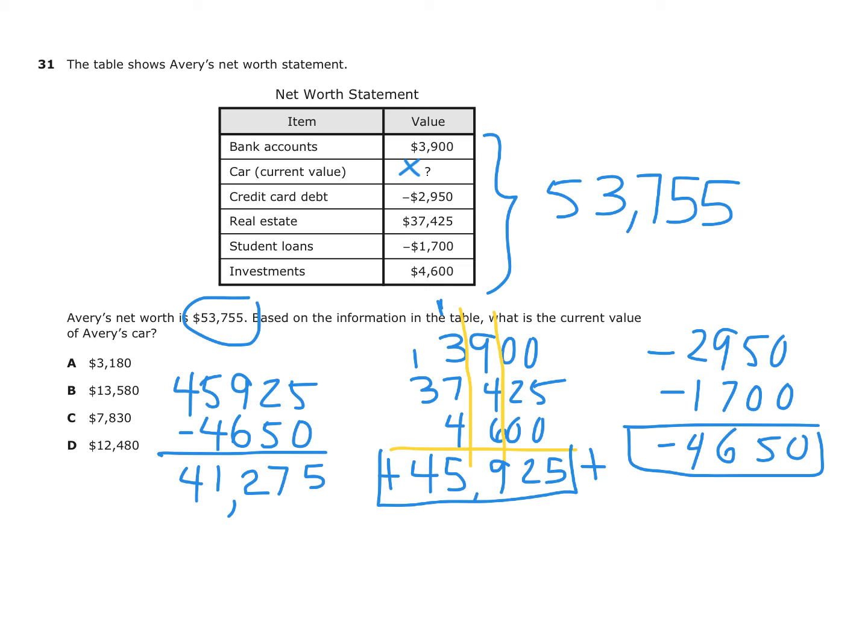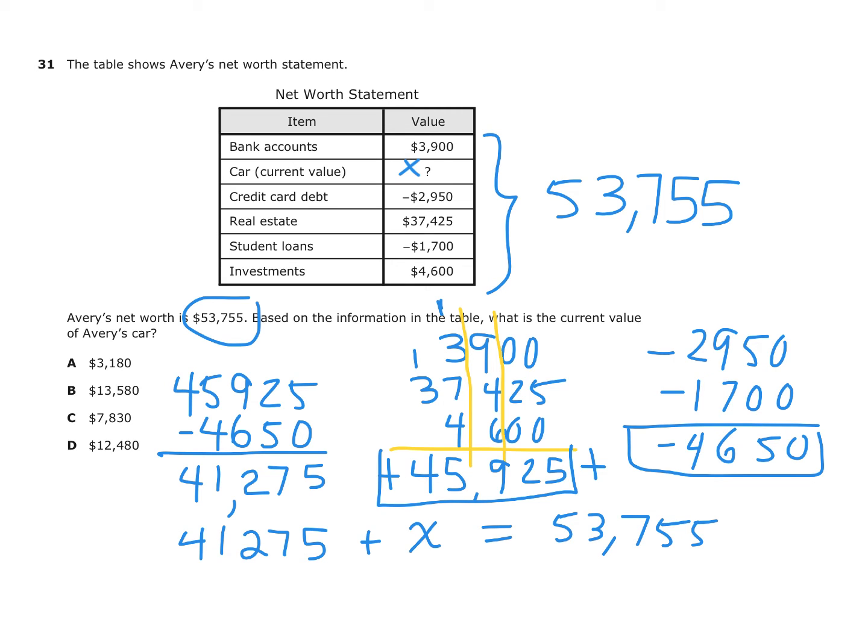So there's 41,275 plus the car value is equal to the 53. So I have 41,275. That's taking into account the amount in the bank, all his assets minus his debts. 41,275 plus the current value of the car, which we do not know, is equal to the grand total of 53,755.